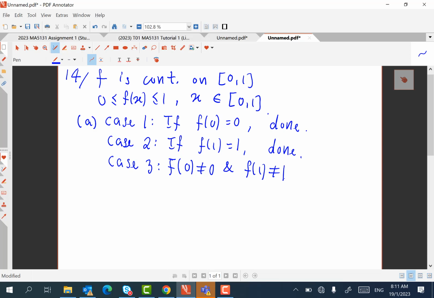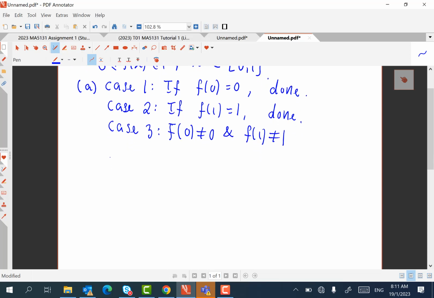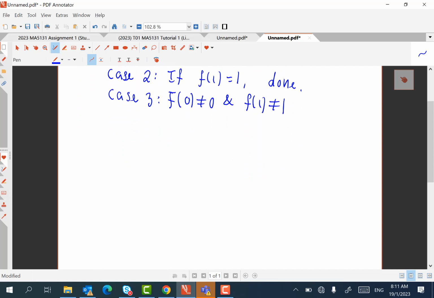Okay, case 1 and case 2, they are the trivial cases. In case 3, when this happens, then we define g(x) to be equal to f(x) minus x.